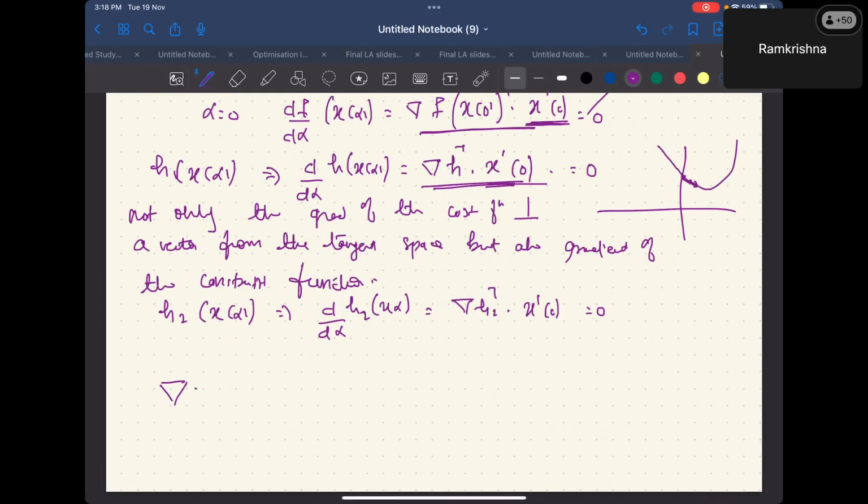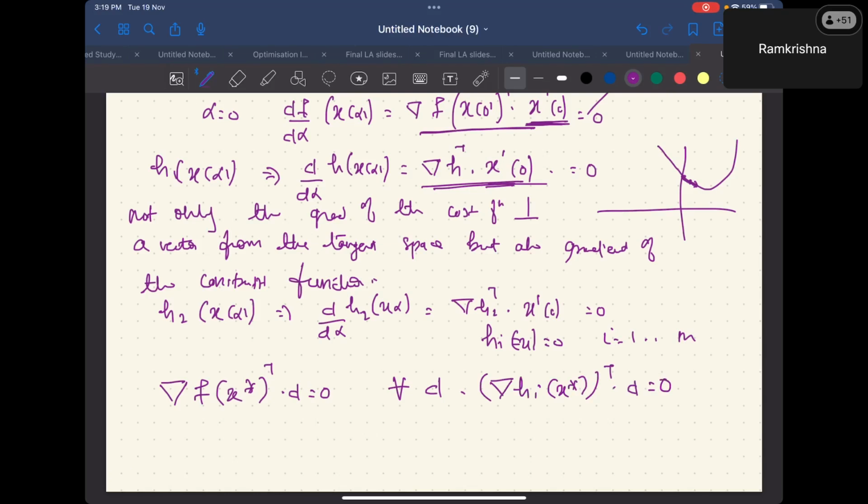So gradient of f at x star transpose d is 0, and where does this d come from? For all d for which I have m constraints, right? hi of x equal to 0, let's say for i equal to 1 to m. I just don't have one equality constraint, but I have several of them. For all d such that gradient of hi at x star transpose times d equal to 0.